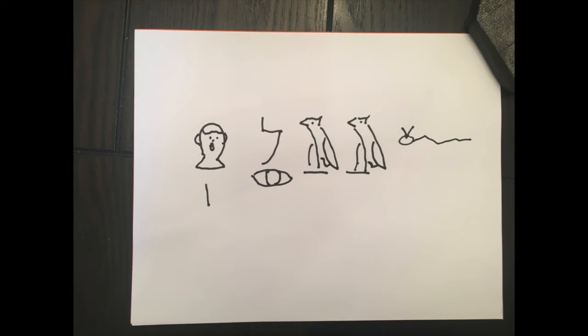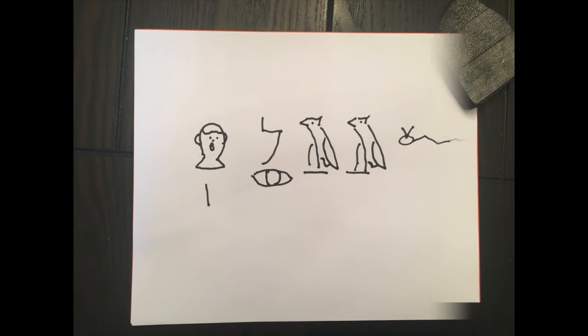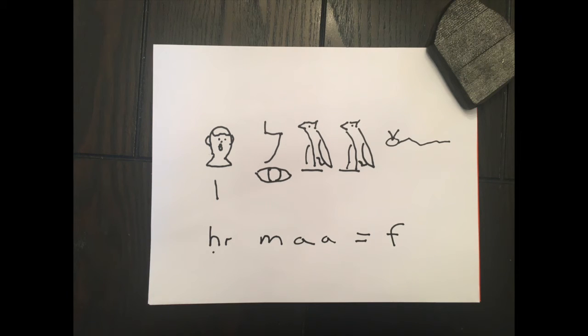And it's broken down as her, ma'a, f. And when it's written in transliteration, it's very important the f for the suffix pronoun always gets an equals mark. So that way it's easier to read in transliteration. So her, ma'a, equals f.